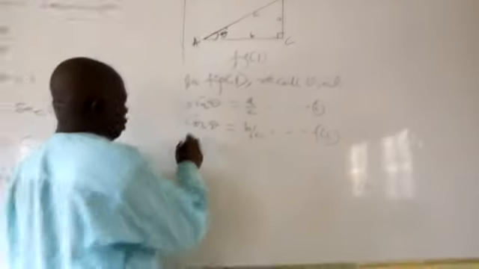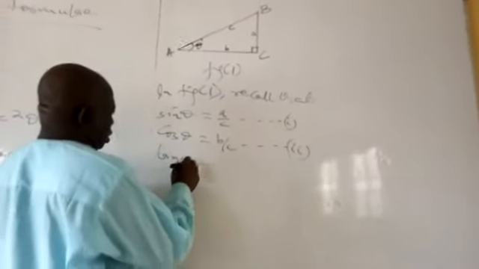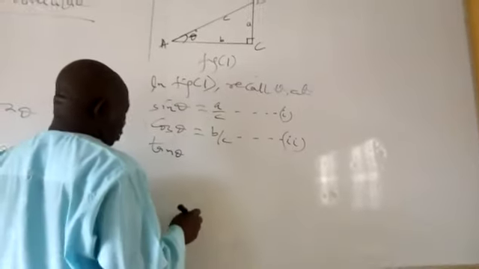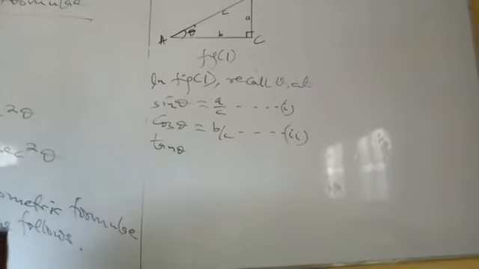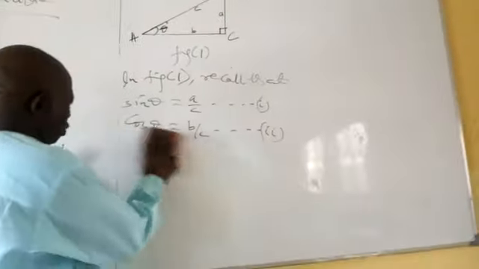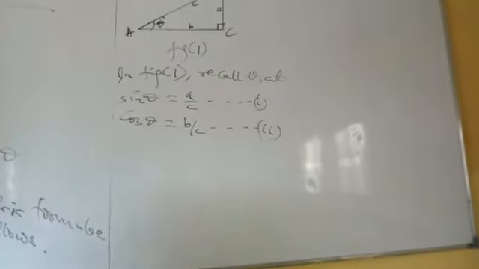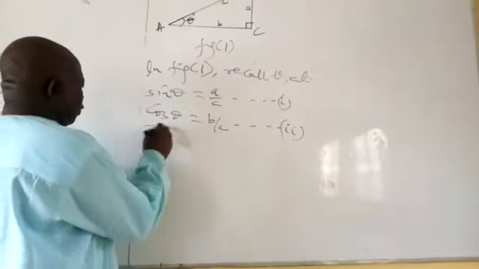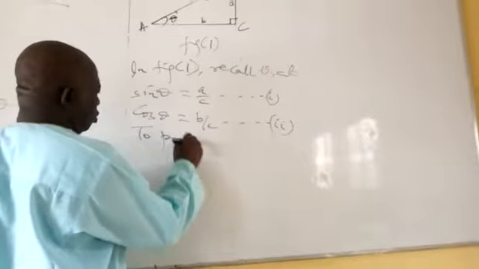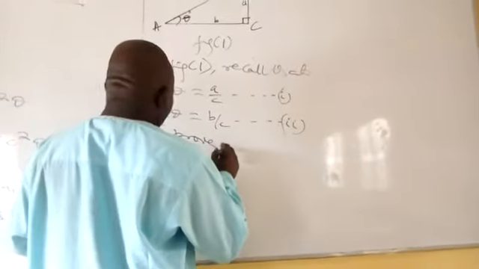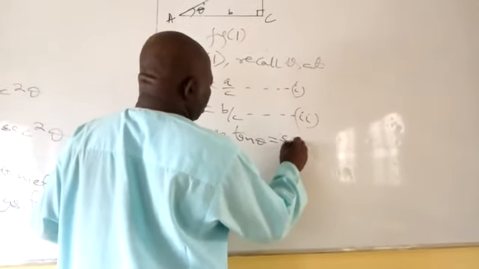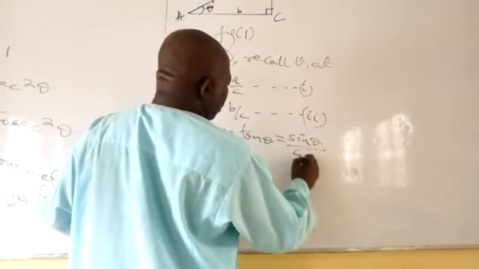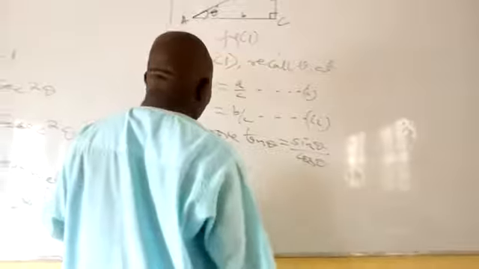Now, tan theta. We are now to prove the trigonometrical formulae or rules. So, to prove tan theta is equals to sin theta over cos theta.